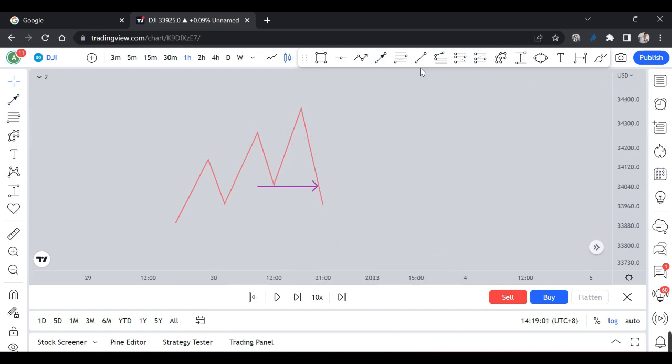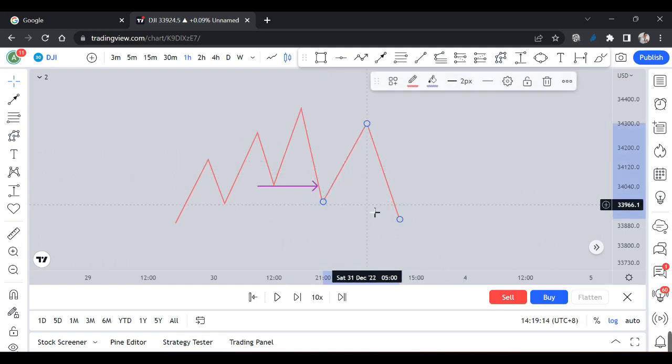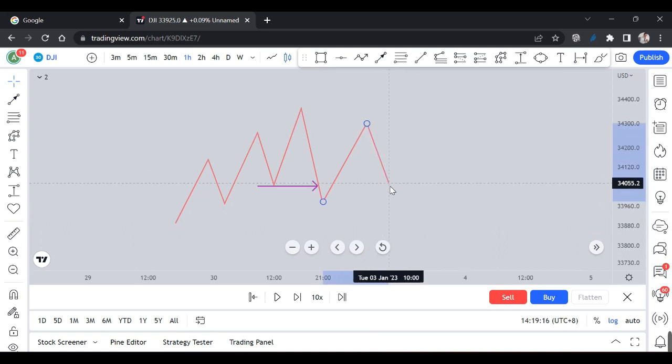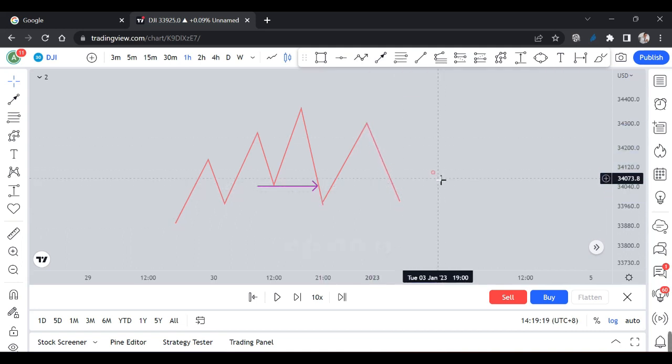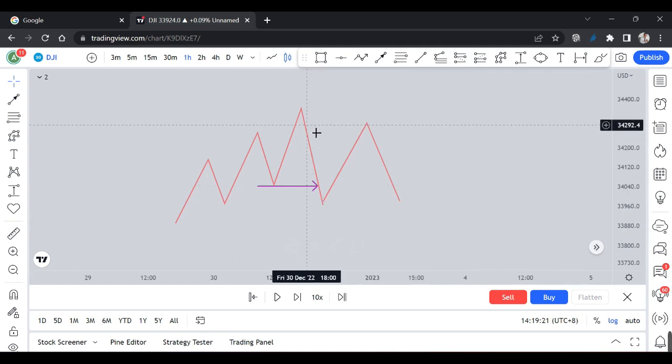It means there's a very high possibility the price might reach back to the QML level or to some certain area, and then continue with further downward movement. Sometimes it does not go down all the way, but at least it will come back to this area. If this range is huge and you're able to get a nice small zone, this will be extremely profitable.